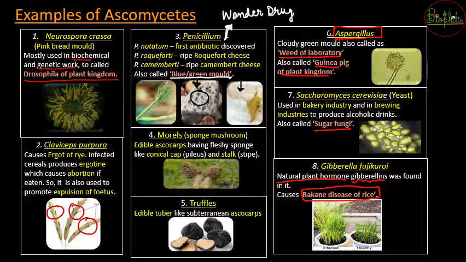So what happens is this part is going to be the healthy rice. ये healthy rice है जहाँ पे stem height you can notice is going to be a bit shorter, but whenever the plant is infected, in this case the infected plant is going to have a taller stem height, and that is because of extra production of plant hormone gibberellins by this particular Ascomycetes fungi. So these were the 8 examples that are commonly seen in exams. So the detailed note about all these examples is over here.